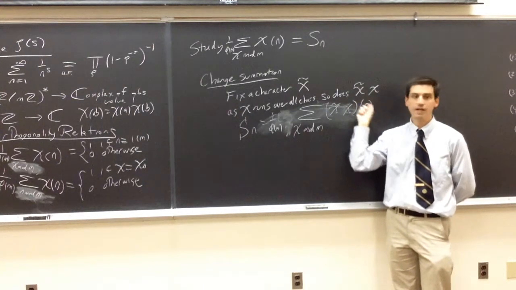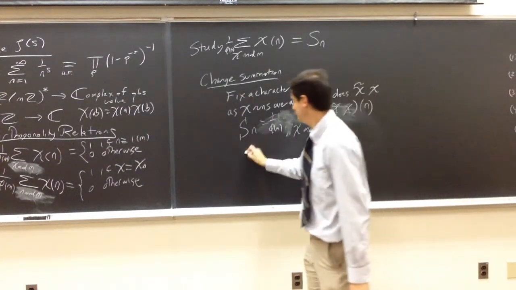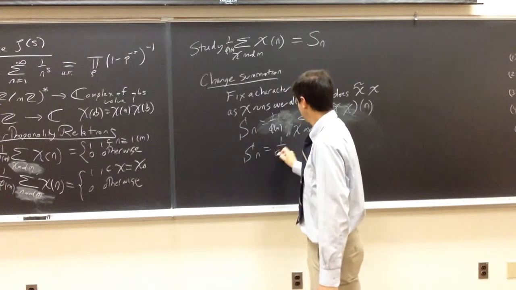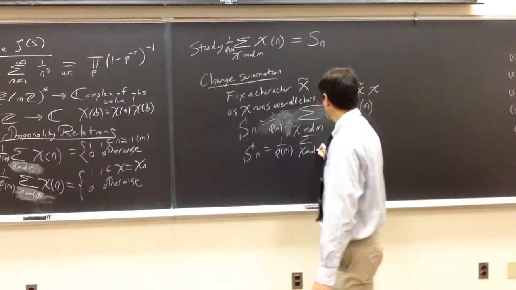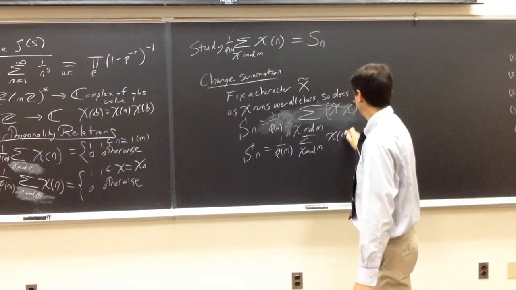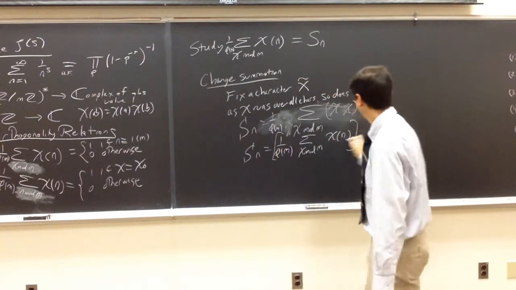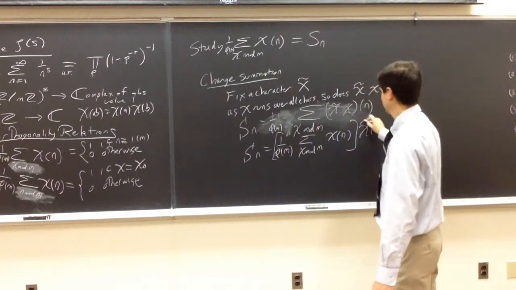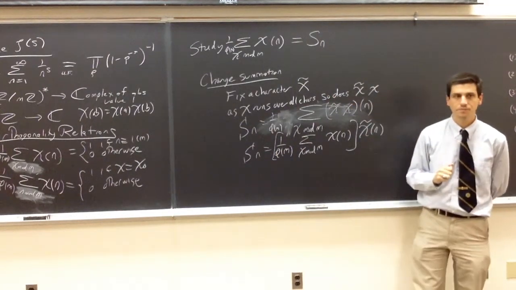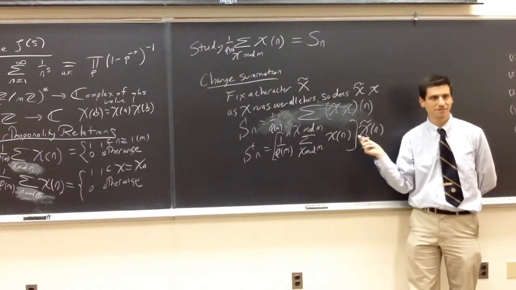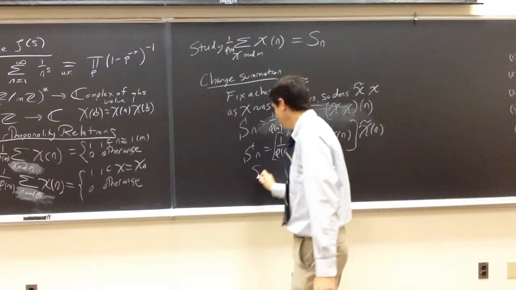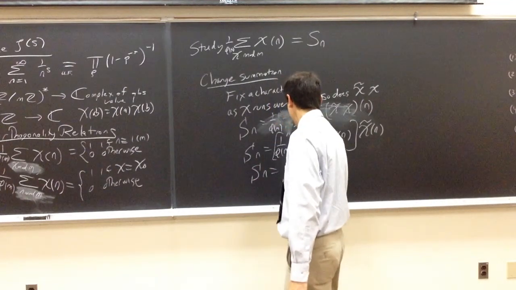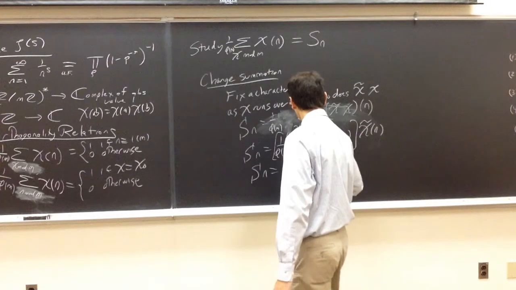So we can pull a chi tilde of n outside, and we get S of n is 1 over phi of m, sum over chi mod m of chi of n, and I'm going to pull out a chi tilde of n. Well, what's the sum over here? S of n. So we have the wonderful situation S of n equals S of n times chi tilde of n.